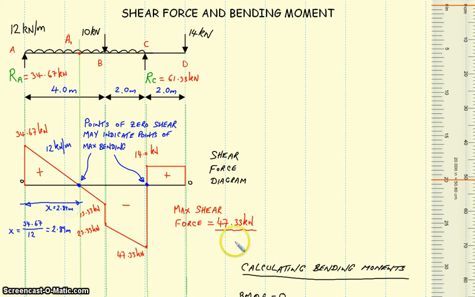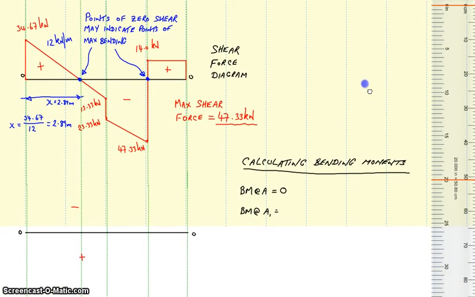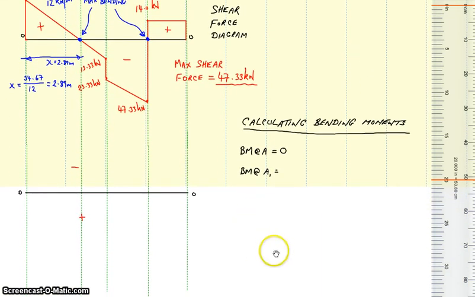And that allows us to now come down and calculate this bending moment at A1. My suggestion always is to redraw a little diagram which represents that portion of the beam. It's a bit rough, I apologise. And we have reaction A, which is equal to 34.67.